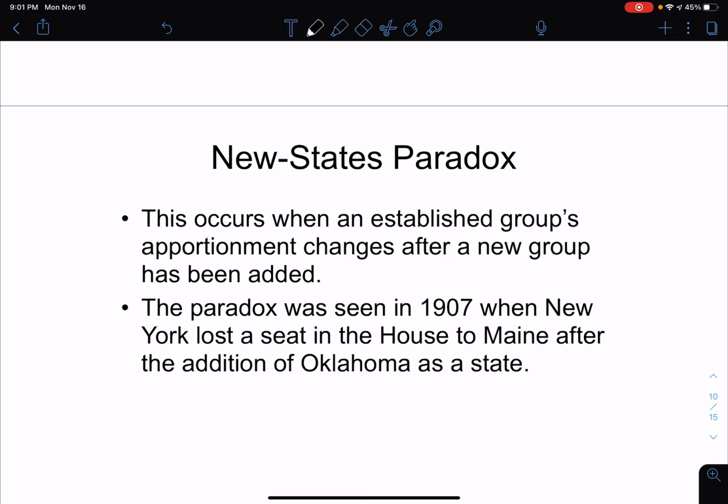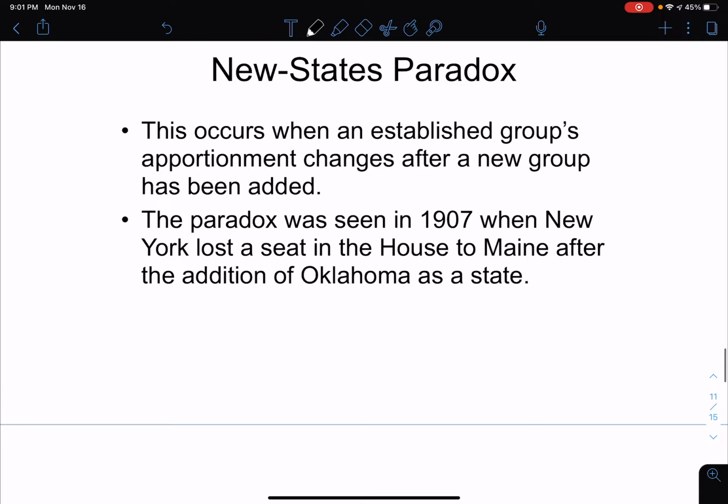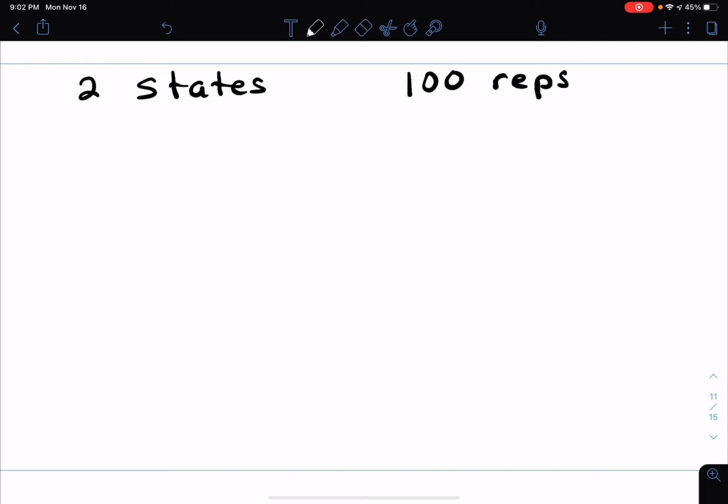All right, let's look at an example. That's not Oklahoma, New York, and Maine, but it'll show you what happens with the numbers. Okay, let's say you have 2 states, 100 reps, and there are 100,000 people.